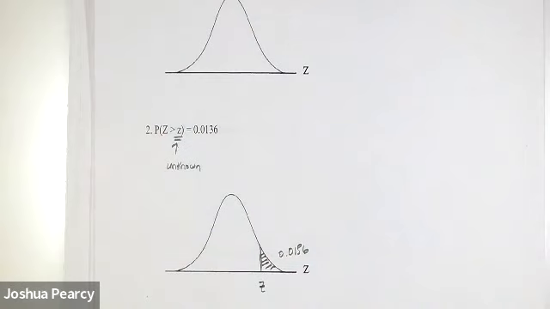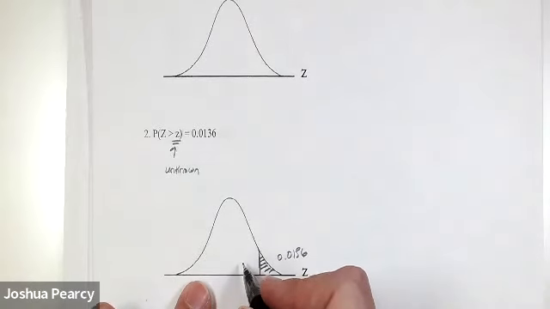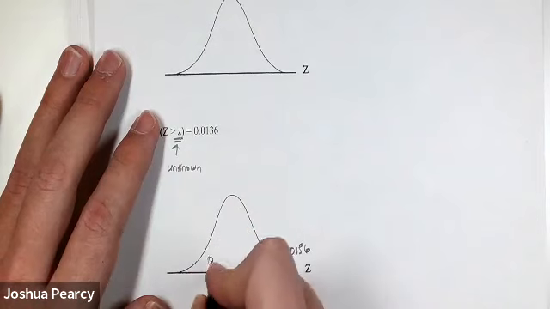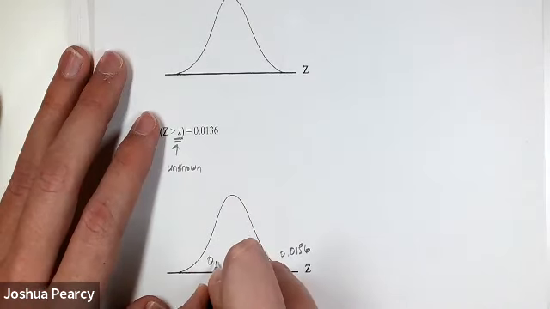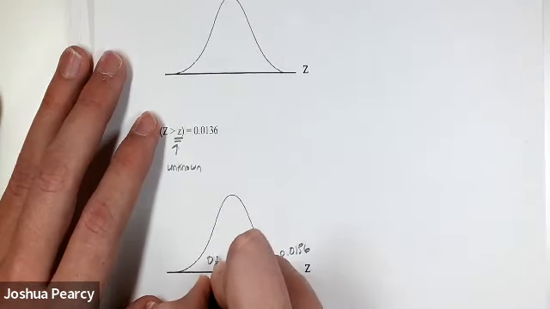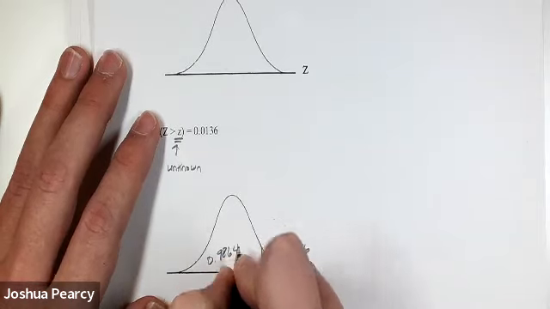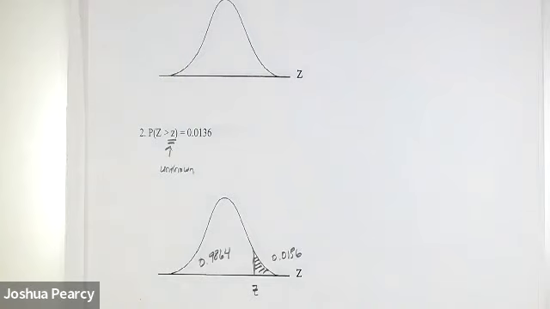But the table only gives you the area to the left. So what I want to first do is find the area to the left of this, and that will be 0.9864. I'll check my notes. Yes, 0.9864.